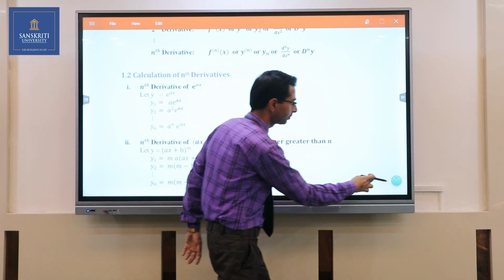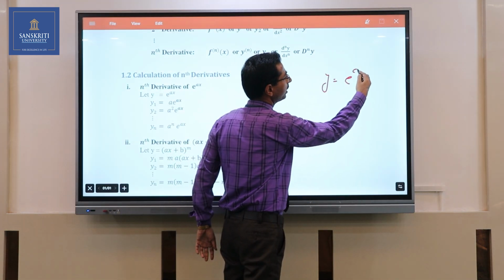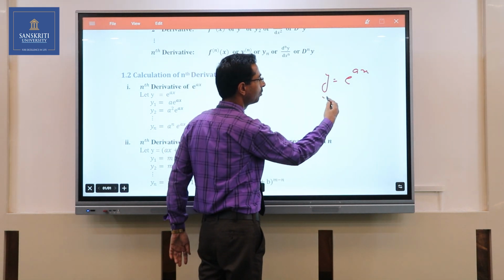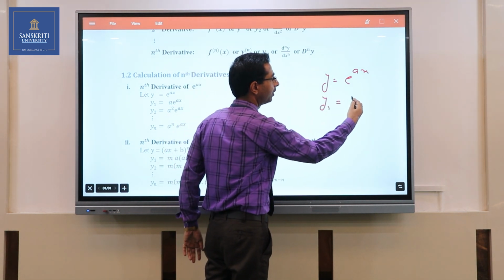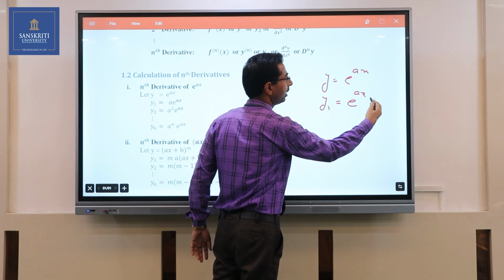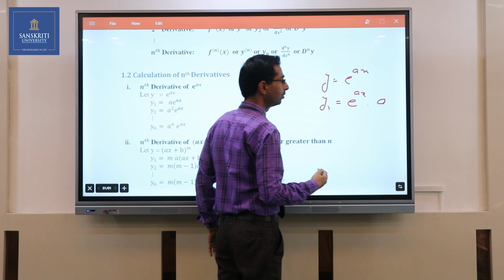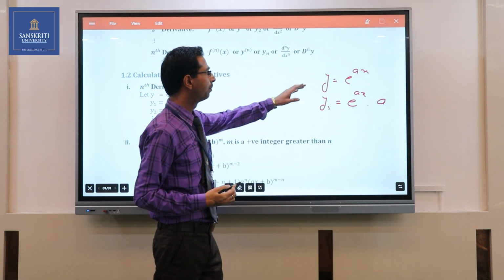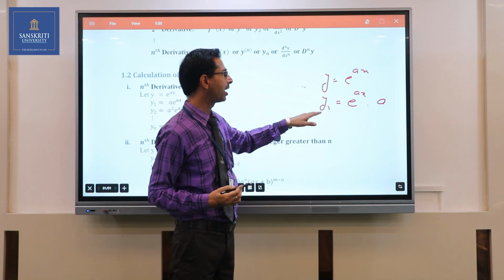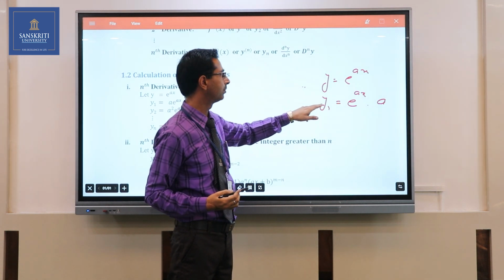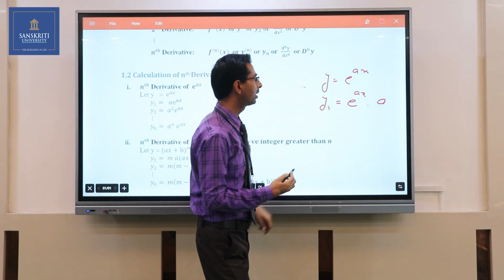Let's suppose y is equal to e to the power ax. Now we differentiate with respect to x, that is called y1, the differentiation of e to the power ax, and the differentiation of ax is a. So y1, the first derivative, is equal to a e to the power ax.